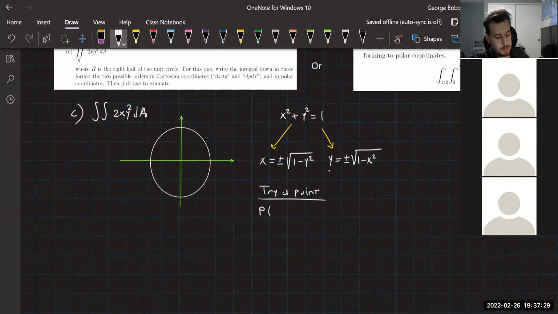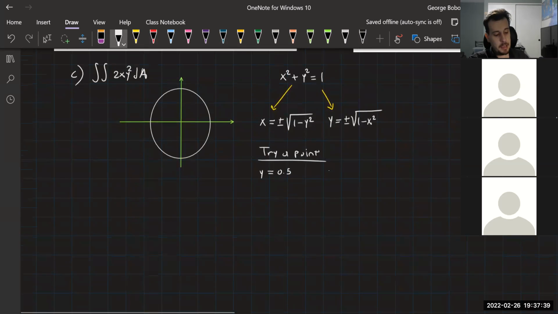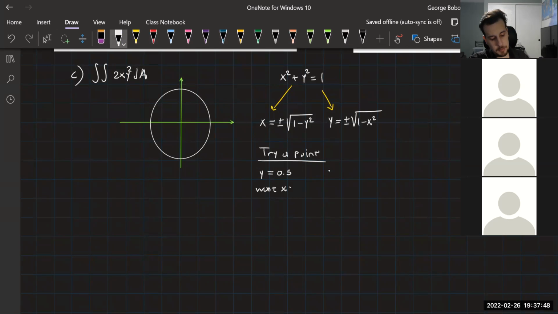I'll try y equals 0.5, okay? I honestly don't know, it doesn't matter, right? Y equals 0.5. I expect, okay, I want x to be greater than 0, okay? So you try that, and you take a look right now, and you do the x.